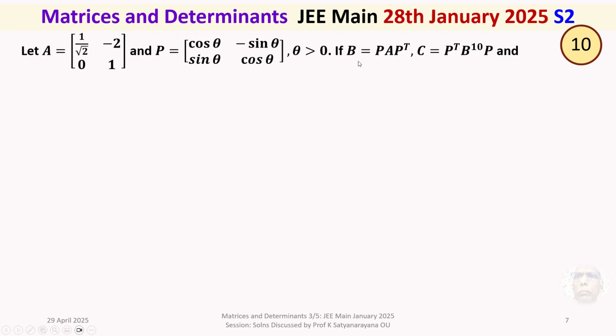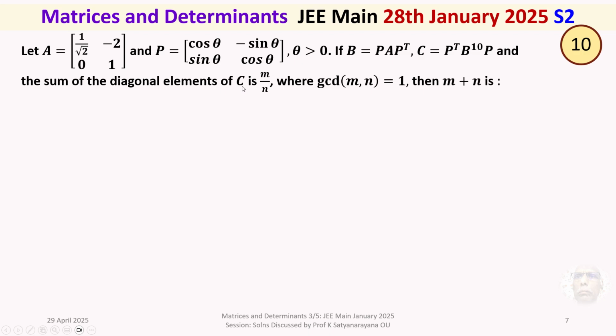If B is equal to P A P transpose and C is equal to P transpose B to the power 10 P, and the sum of the diagonal elements of C is given to be m by n, where m and n are relatively prime, then find the value of m plus n.